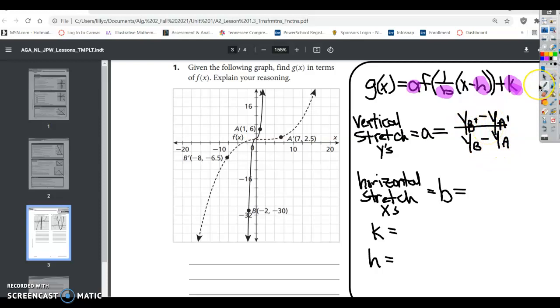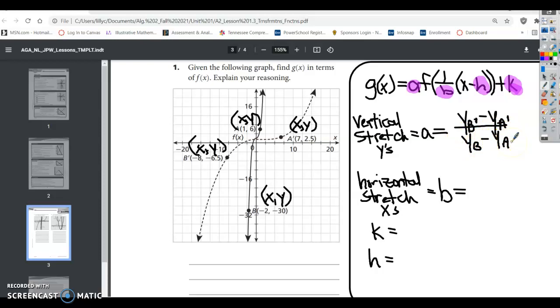Now, you may say, where did this come from? We're given 4 points. We're given an x and a y from point A, an x and a y from point A prime, an x and a y from b prime, and an x and a y from point B. So what you're going to do is find the y from b prime minus the y from a prime, divided by y sub b minus y sub a.